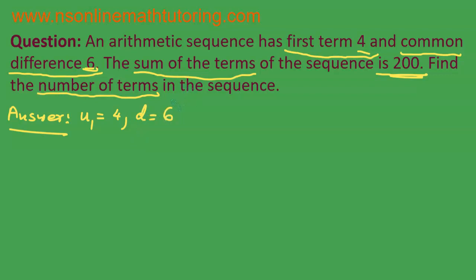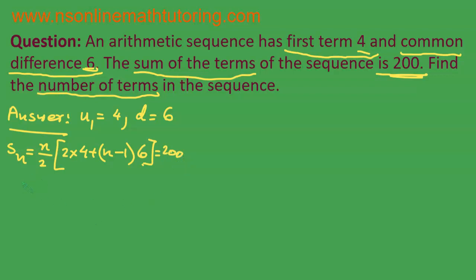We know the formula for the sum of the first n terms of any arithmetic series, that is Sn equal to n over 2, where n is the number of terms in the arithmetic series, multiplied with 2u1, that is 2 times 4, plus n minus 1 times d, which is 6. And this is equal to 200.